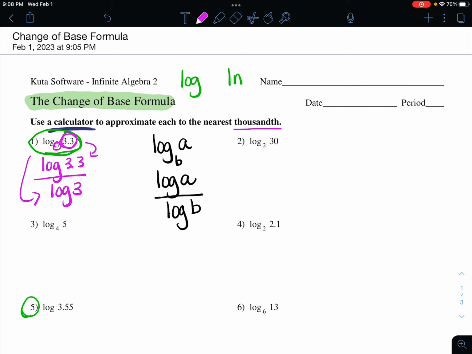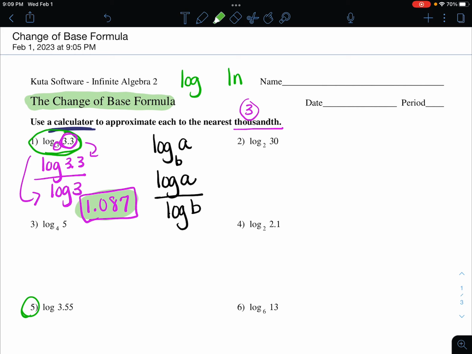And rounding to the nearest thousandth, so that's 3 decimal places, the answer to number 1 would be 1.087. So that's the value of number 1.